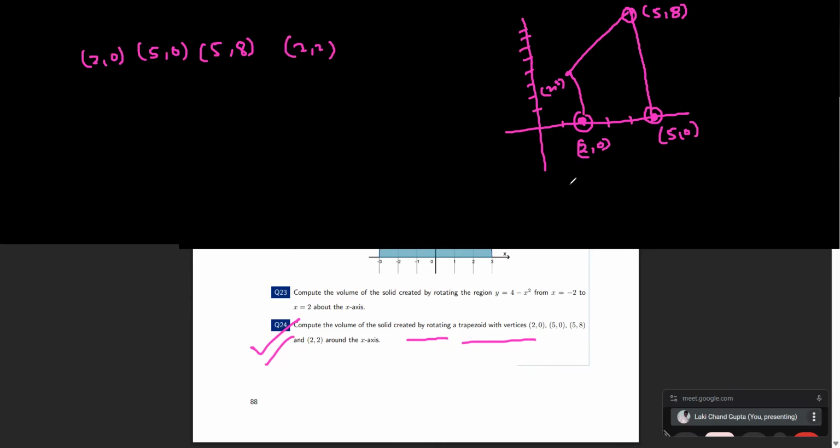First we find the area, then we integrate it. Let's suppose this is divided into two parts. This part and this part. This is what, a rectangle? Rectangle and triangle.